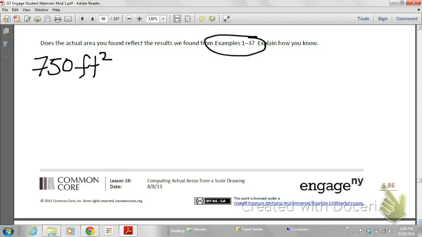But those were the examples where we found the scale factor, and then we compared it to the ratio of the areas in each of those three examples, and we found a relationship between the scale factor and the ratio of the areas.